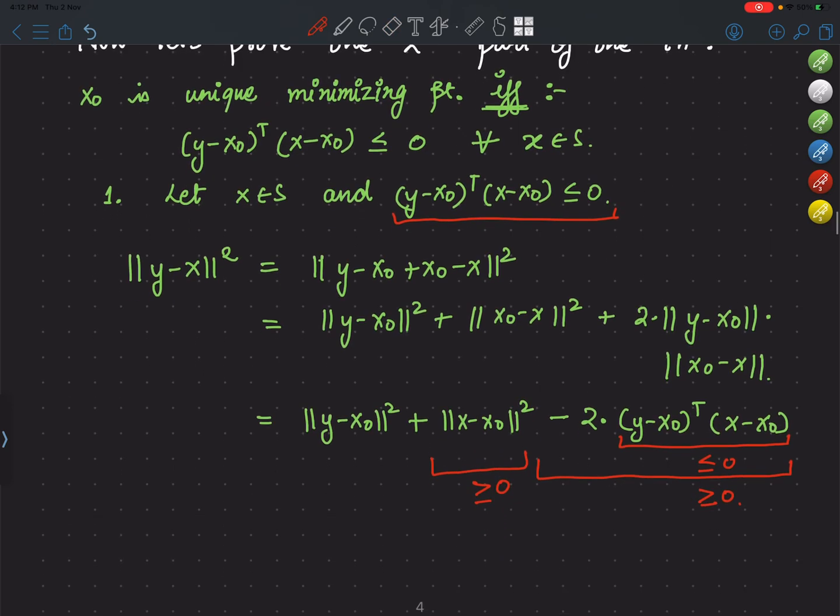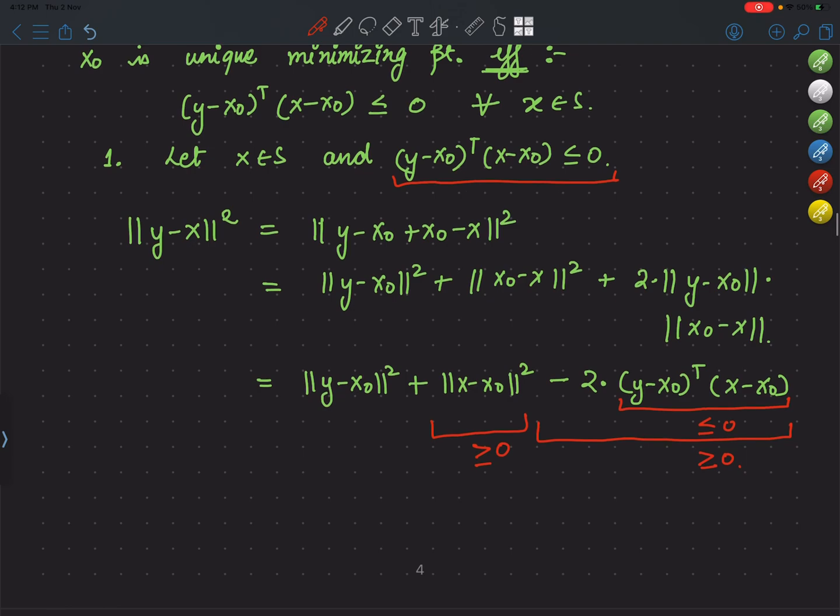Which means ||y − x||² is greater than or equal to ||y − x₀||² for all x belonging to S. Correct?